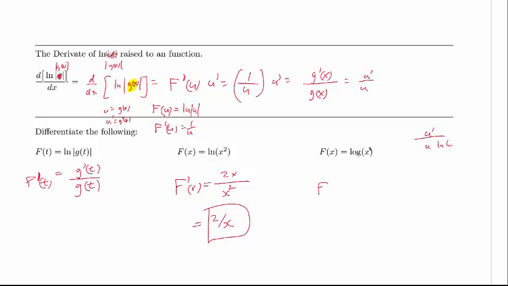All right, so f prime of x, we've got the derivative of this, which is 2x, and then divided by the bottom function, which is x squared, and we just make sure we include the natural log of the base in there. And so you can see that depending on which base you use, the derivative is just off by a constant.